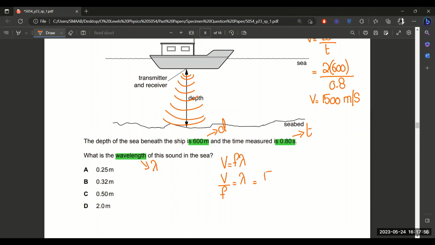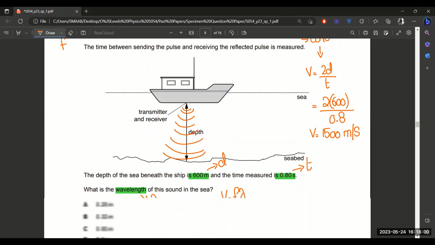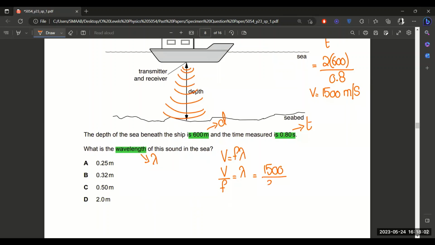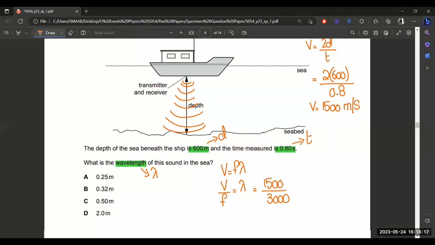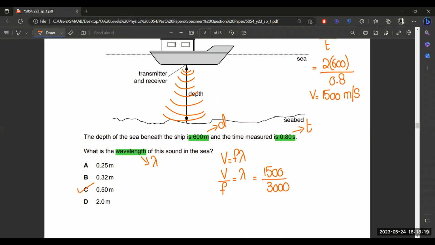V is 1500 and the frequency is already mentioned in the question, that is 3000. So 1500 divided by 3000 will be equal to 0.50. It means option C. So that is the answer, 0.50.